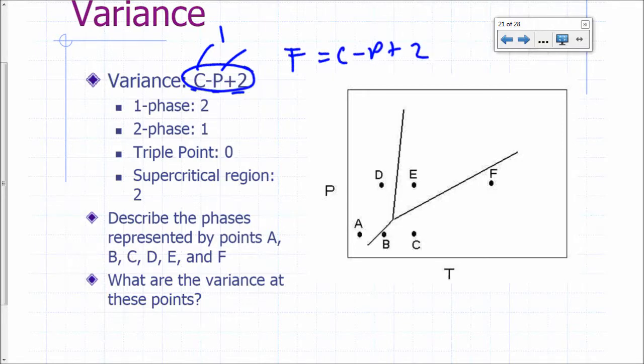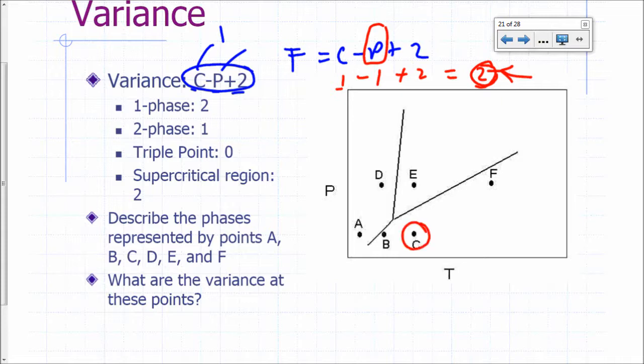That is the number of independent variables you need to define the state of your system. For a one-component, one-phase system, the variance is 2. If you only see one phase, let's say a sample that's a gas, a pure substance, then you need two quantities to define the state of your system.